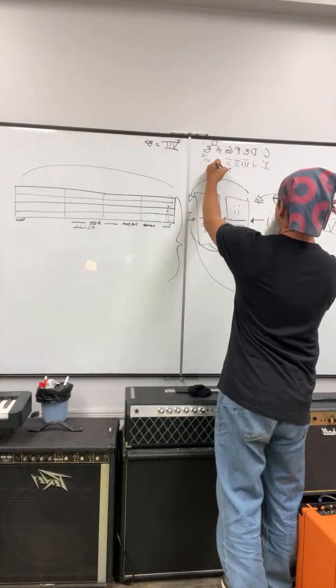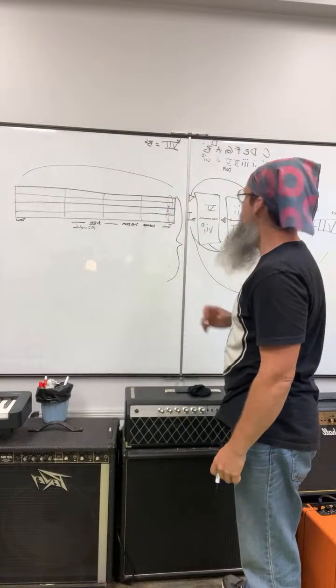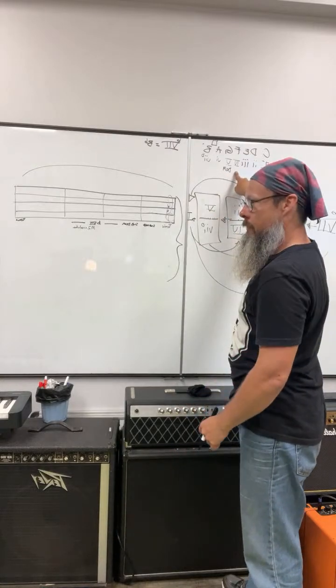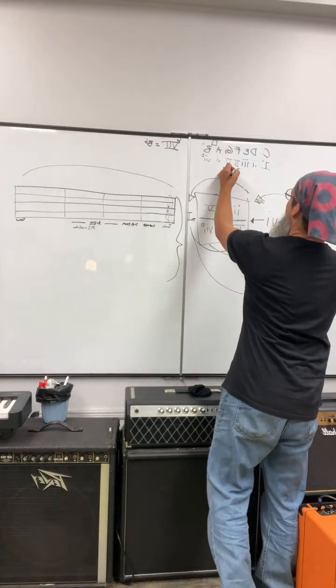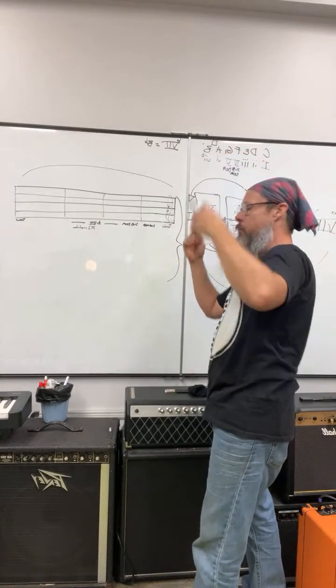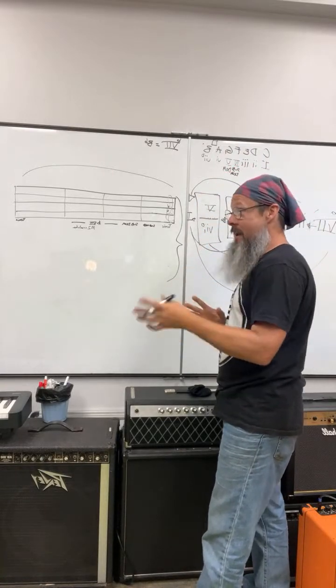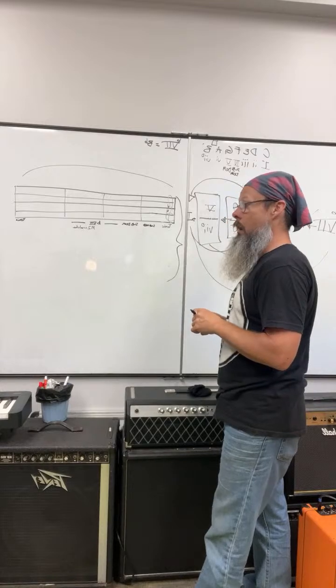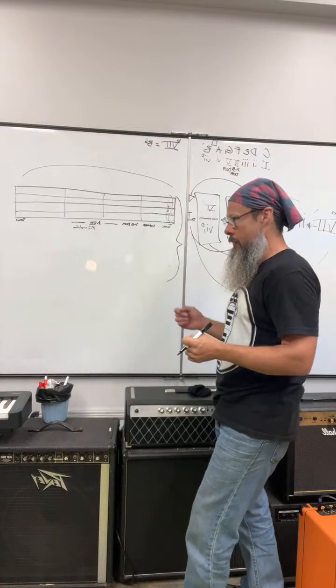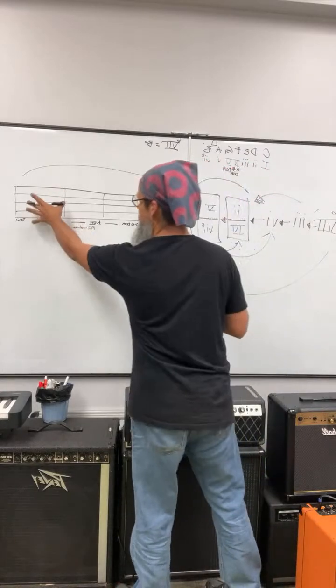So what's the second most dominant note in this scale besides the 1 and the 5? The 4th. Yeah, subdominant. So that's our plagal ending. Amen. Hear it?